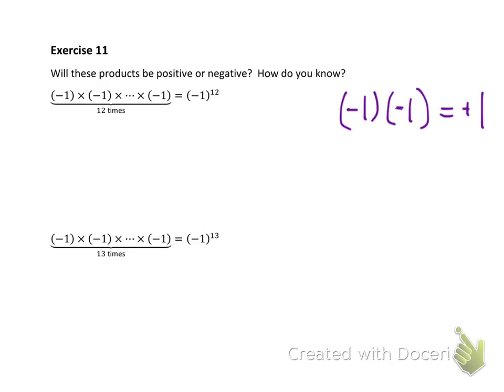Okay, there's a lot that goes into knowing and really understanding that, but negative 1 times negative 1 is positive 1. So if we look at this product, every time we have negative 1 times negative 1, that whole thing becomes just a positive 1. So we've got 6 pairs like that here.